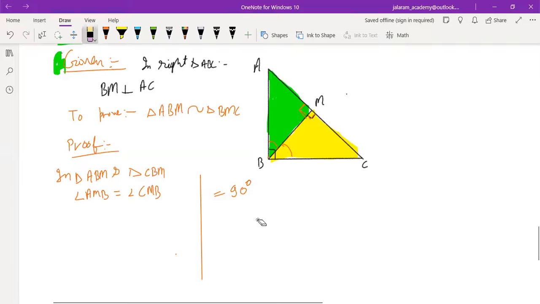Now one more mistake the students usually do is that they consider this BM as the angle bisector and then consider that angle ABM equals angle MBC, which is also wrong. This cannot be equal. It is only the perpendicular. It means that BM is drawn perpendicular to AC, which shows that these two angles are equal, but these angles are not equal.